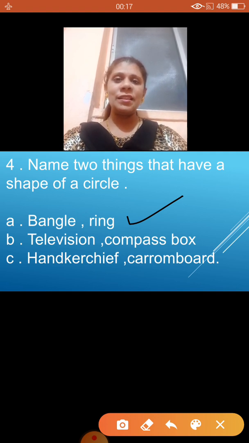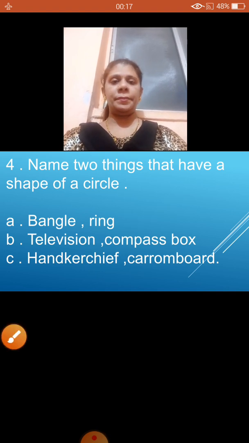Have you seen a circular television or a handkerchief or a carom board in a circular shape? No. In a circular shape we have not seen. Correct. But bangle, it is in circle shape. It is a shape of a circle, and ring also, it is a shape of a circle. So the two things that have a shape of a circle are bangle and ring.